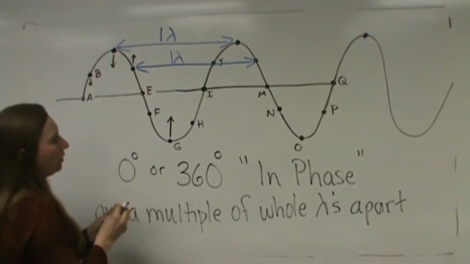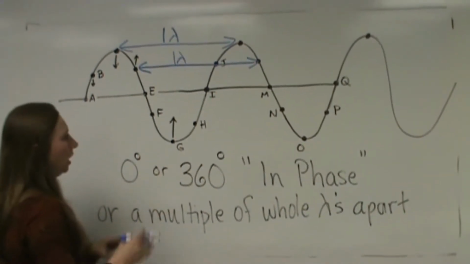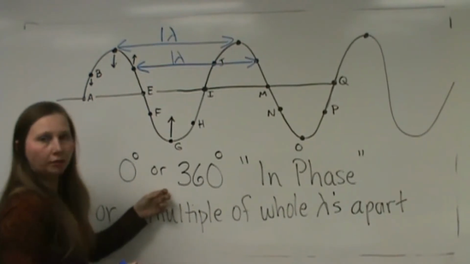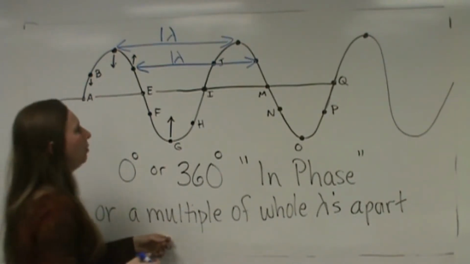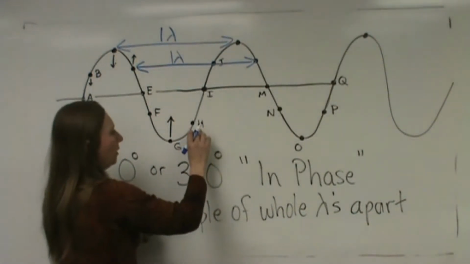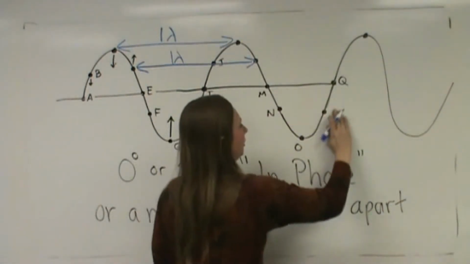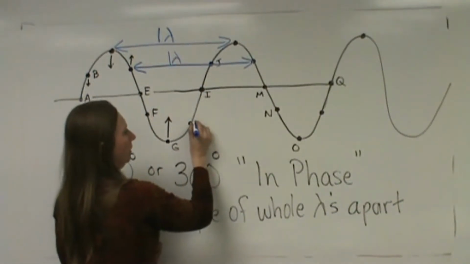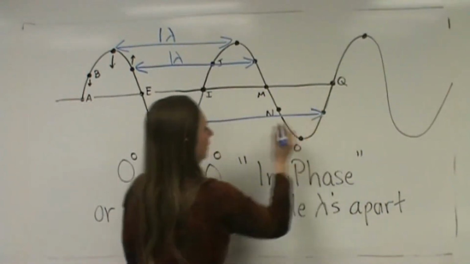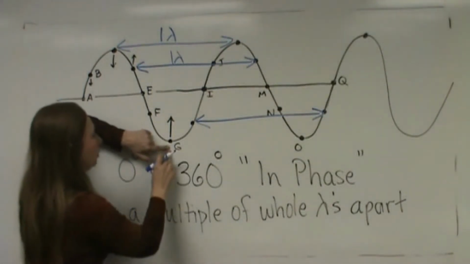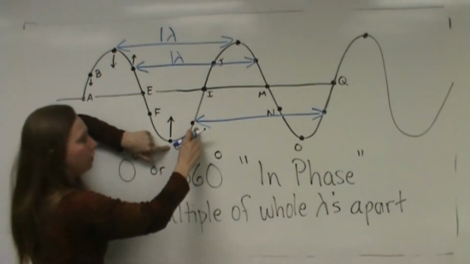All right, let's find one more pair of points that are 360 degrees apart, one wavelength apart. How about H and P? Right, those 2 points are in phase. Look where they are. Here's the trough. H is just after the trough.